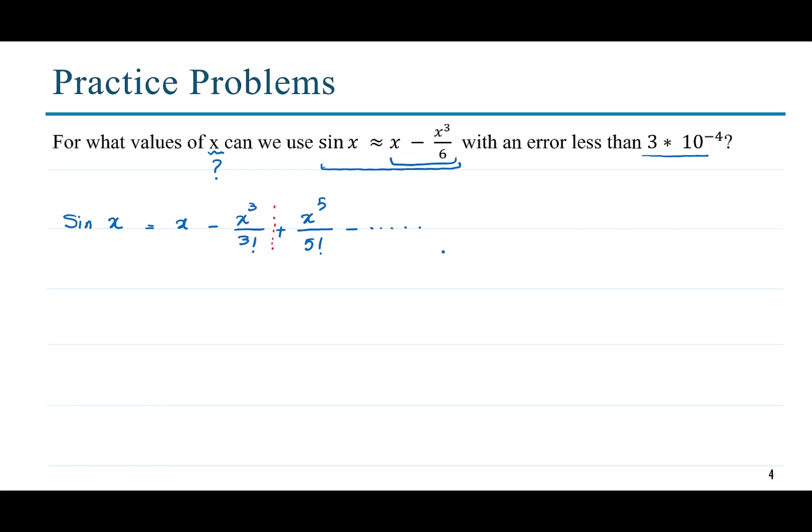This is the Taylor series for sine x, but we said if we only use a small number of terms, let's say n terms, then the error Rn is equal to this derivative at a point C, x to the n plus 1 divided by n plus 1 factorial.